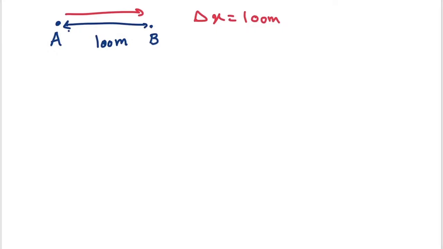But let's say I go up first, I go right, I go down, and then I go to B. What is the displacement in this situation? It is still 100 meters because displacement doesn't care about what routes we take. It only cares about the initial position and the final position.